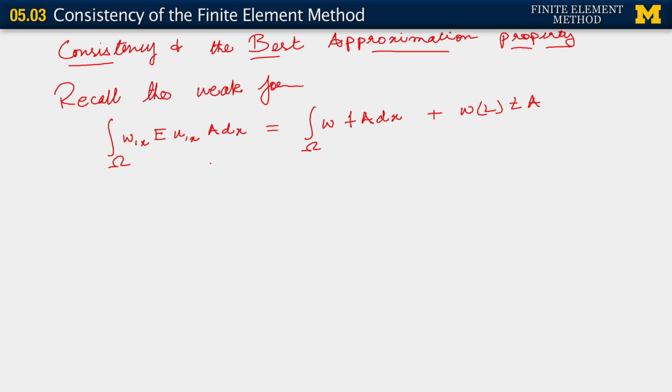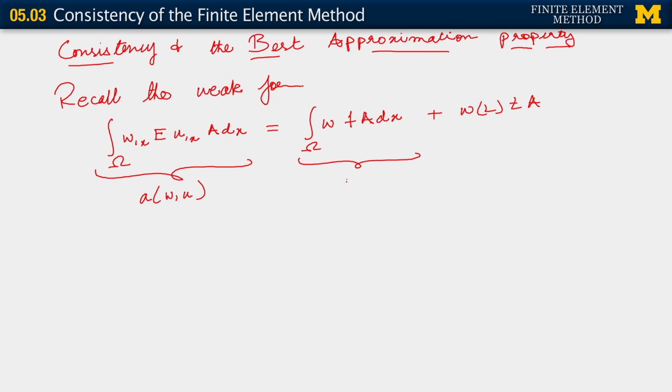Note that this is in fact our definition of a of w comma u. When we defined a of w comma u, we didn't include the area in that definition, but you could very well include it in the definition. That's a of w comma u.